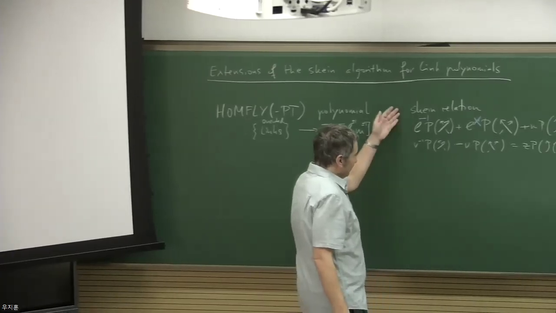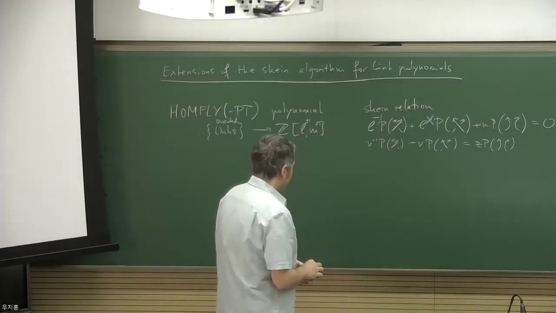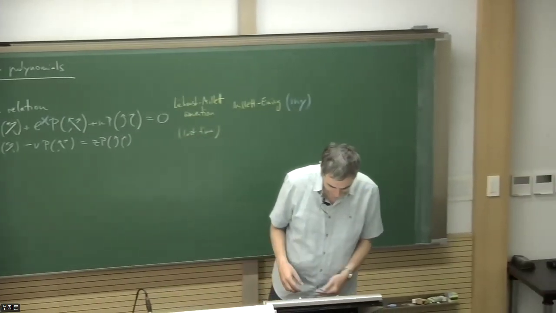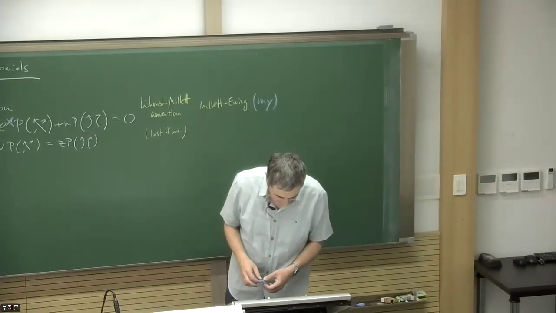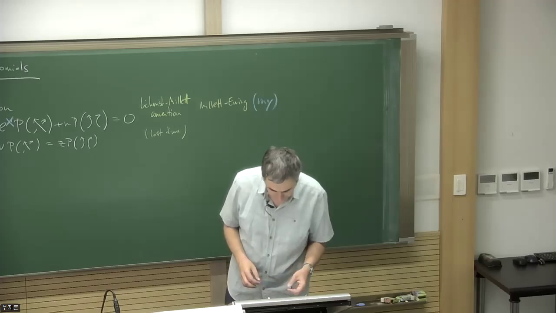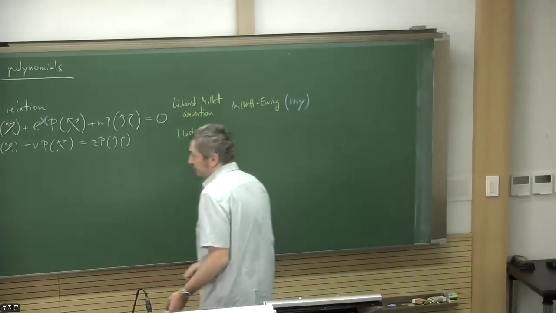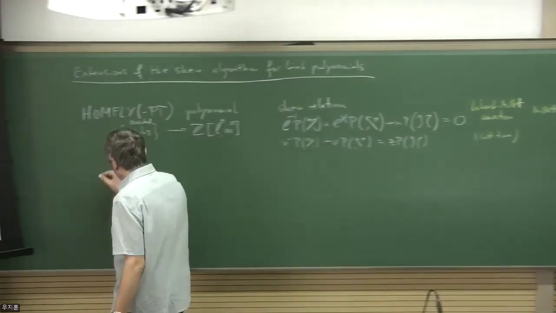The skein relation can be used to calculate the polynomial, as I explained. Now I'll explain this in more detail again.